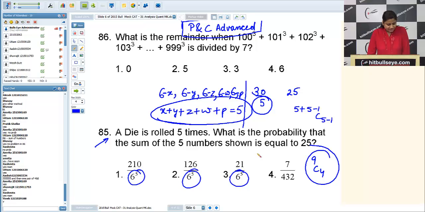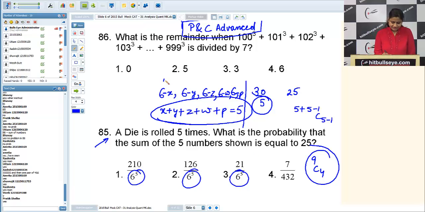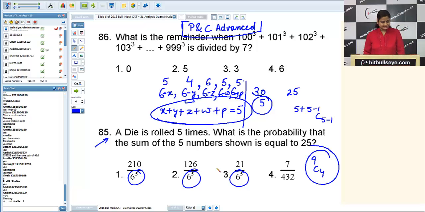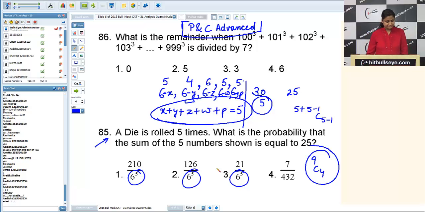Adish, there can be more cases. For example, 5. We can take 4. We can take 6. Is it okay? There can be many cases. That's why 4 and 6. Exactly. We can take 3 as well.